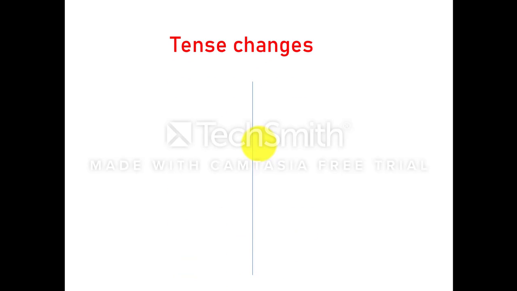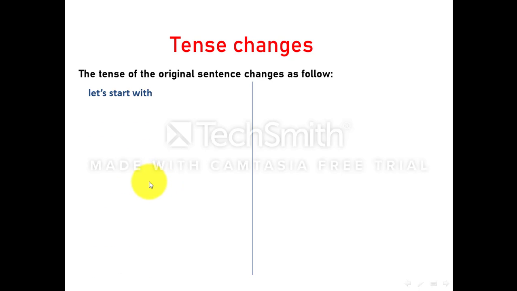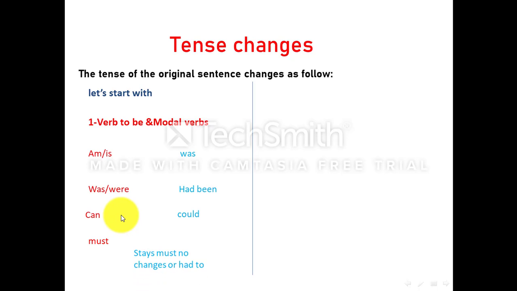Tense changes. The tense of the original sentence changes as follows. Let's start with number 1, verb to be and modal verbs. Am is changed to was. Was, were changed to had been. Can changed to could. And must stays must, no changes, or you can change it to had to.